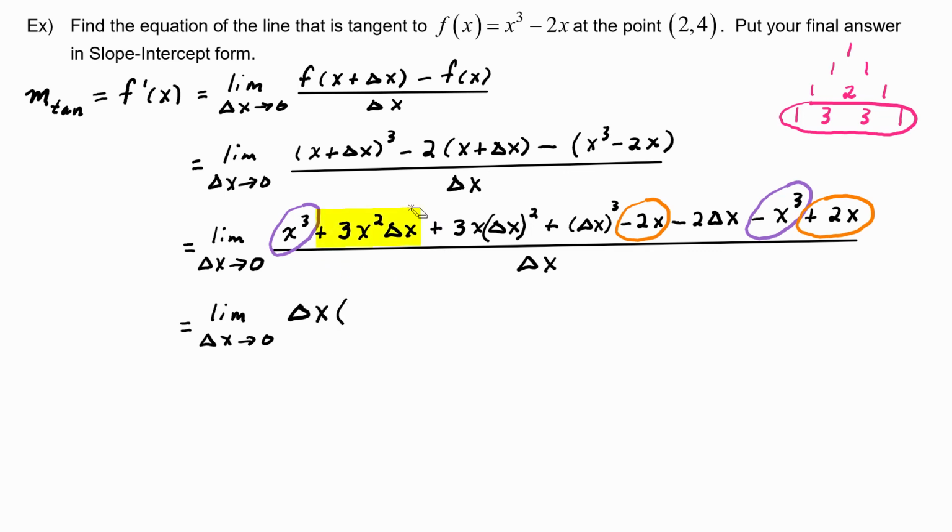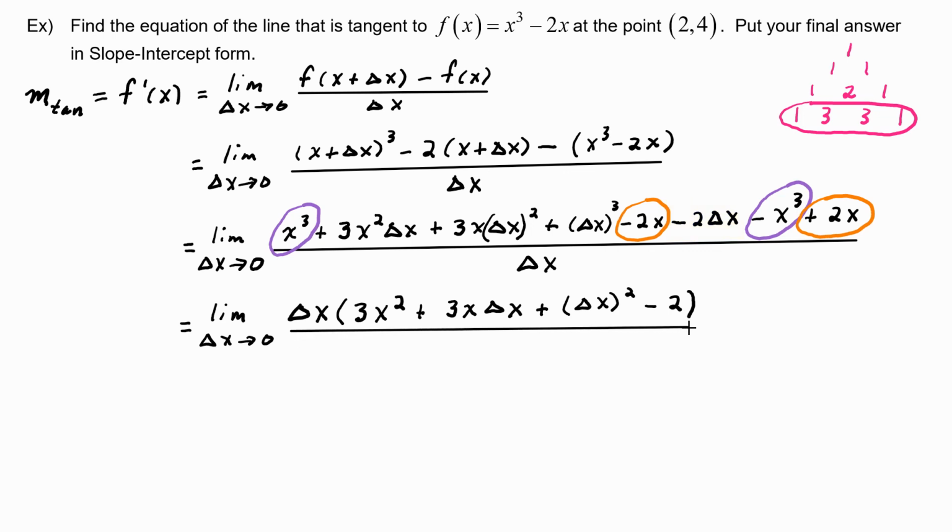Then from this first term, we will have 3x squared plus, from the second term, we will have 3x delta x plus, from here, we will have a delta x squared, and finally, from here, minus 2. Close the parentheses. In the denominator, we have delta x.